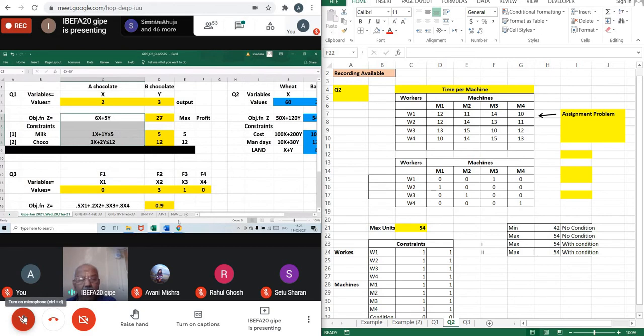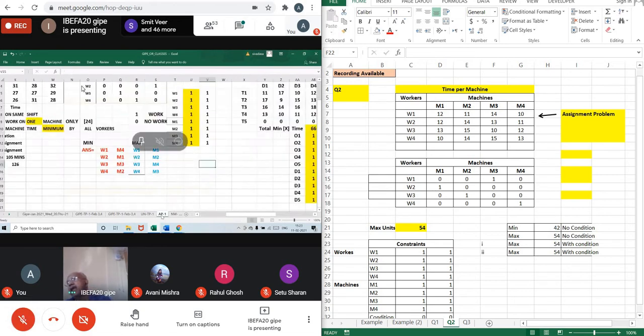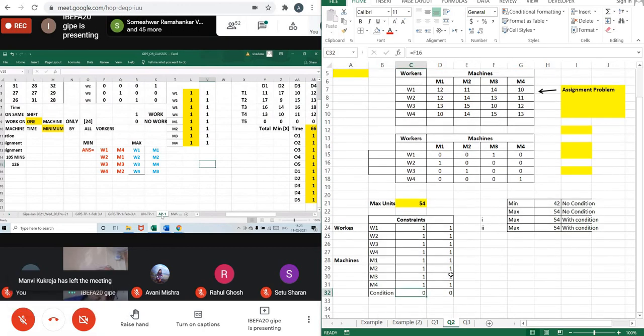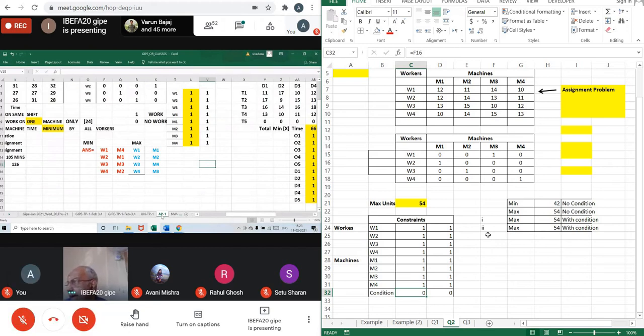So linear programming problem, transportation problem, assignment problem, all are on linear functions: variable and cost, variable and profit, constraints. In LPP also we have constraint, in TP also we have constraint, in AP also we have constraint. This is a family of LPP.